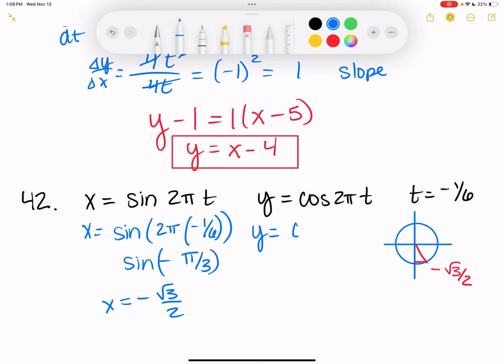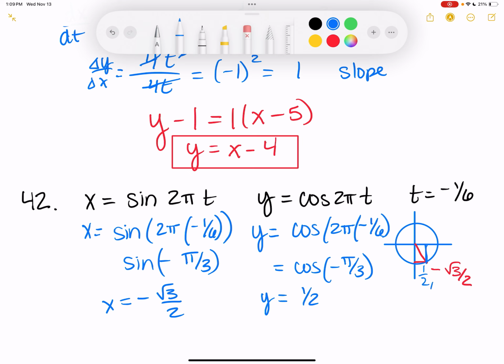Y is the cosine of 2 pi times negative 1/6, or we can say the cosine of negative pi over 3. What is the cosine here? Positive 1/2. So this is 1/2.